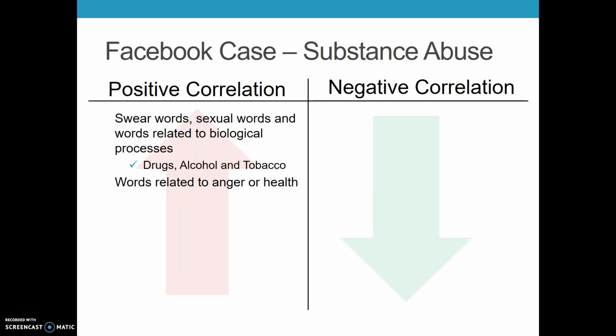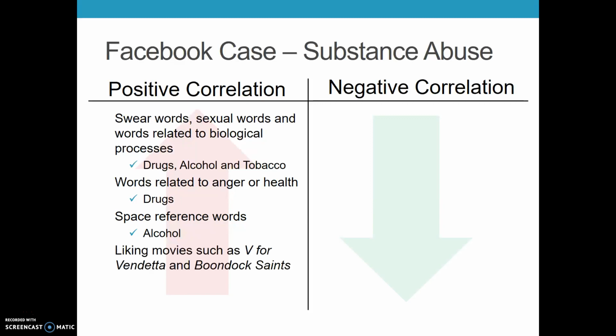Words related to anger, such as hate or kill, or words related to health, such as clinic or pill, are positively correlated with drug use. Spaced reference words, such as up and down, are positively correlated with alcohol use. A preference for movies such as V for Vendetta and Boondock Saints is positively correlated with alcohol use. And female references such as girl and woman are positively related to alcohol use as well.